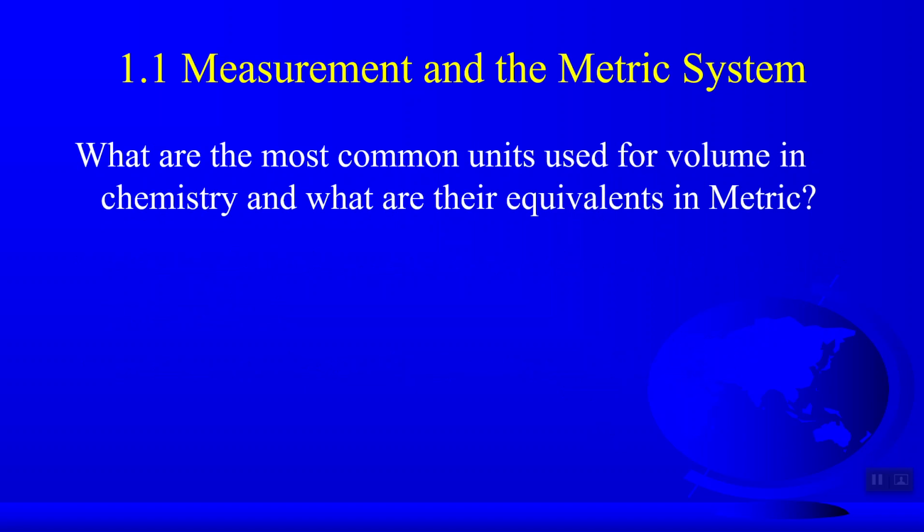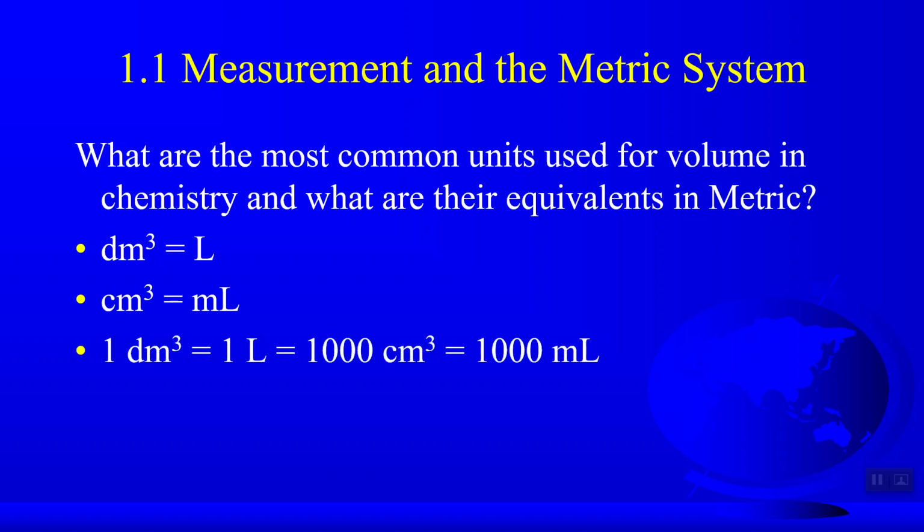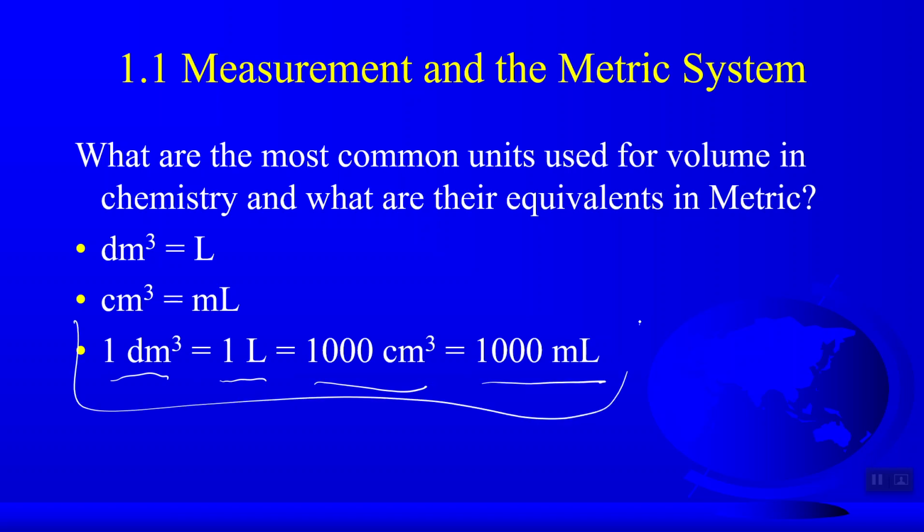What are the most common units used for volume? I think I already went over this. Yes, a cubic decimeter is equal to a liter. A cubic centimeter is equal to a milliliter. So 1 cubic decimeter is equal to 1 liter, which is 1,000 cubic centimeters. So you need to remember that.